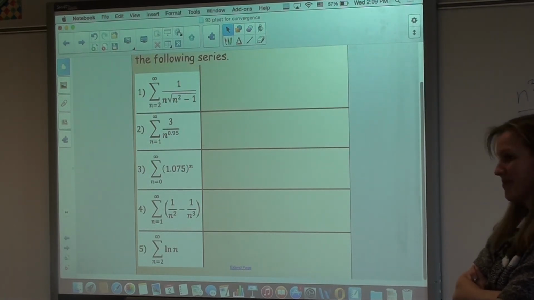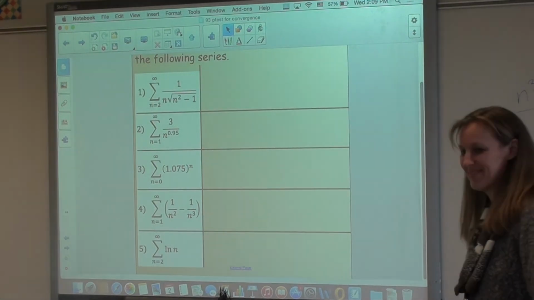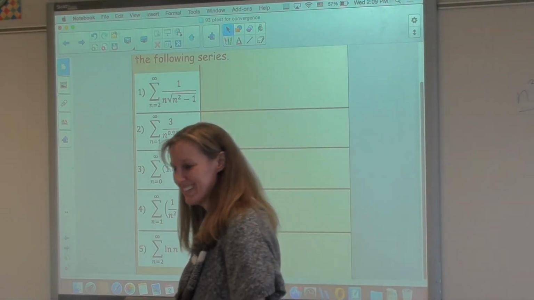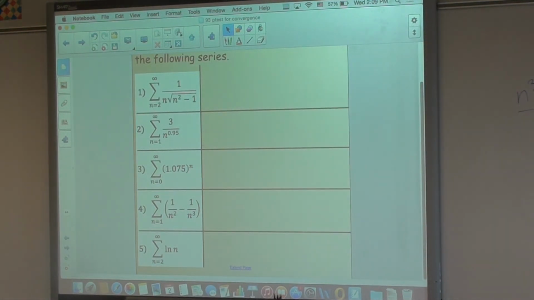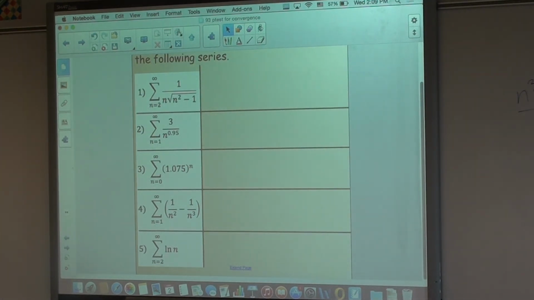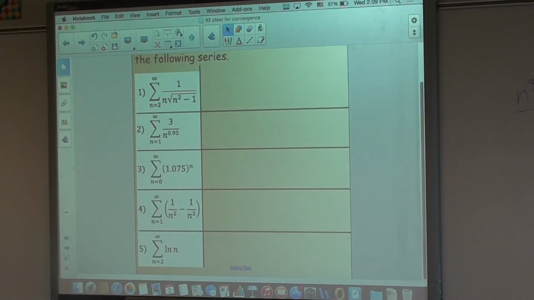You put them into 2 different ones. R greater than 1, and then R is less than 1. I love it, P-test. P-test and geometric series are my favorites. Is number 4 telescoping?